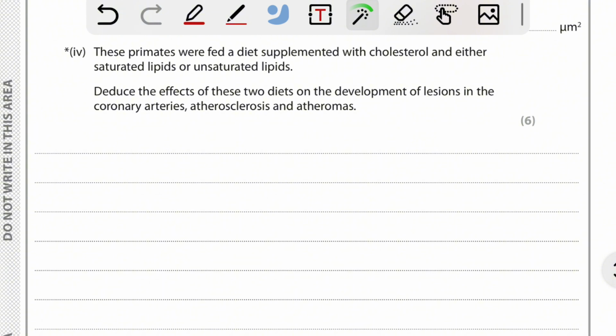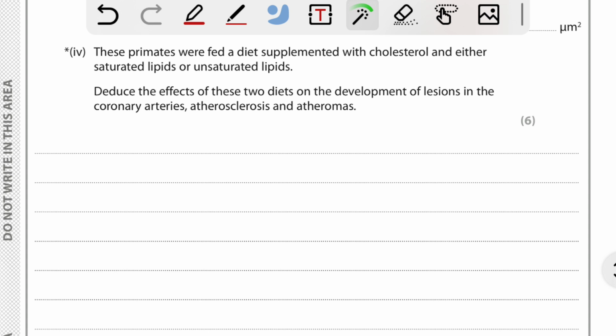The conclusions from graph 1 are that arteries have lesions with both lipids. The percentage of surface covered in lesions increases with time for both saturated and unsaturated lipids. Overall increase is greater over time with saturated lipid. Then, the type of lipid in the diet does influence the percentage.